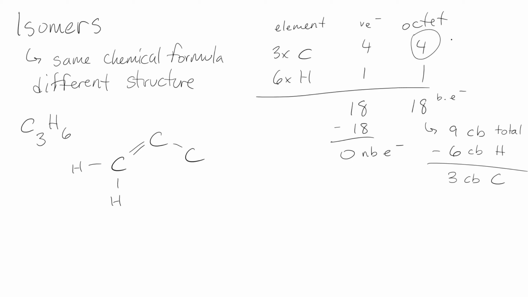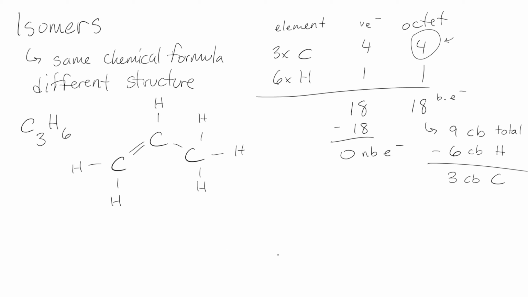In general, the number of octet electrons is going to be the number of bonds an element makes. This carbon only needs 1 more bond coming out of it: 1, 2, 3, 4. This carbon needs 3 coming out of it: 1, 2, 3. And indeed, that accounts for all 6 of our hydrogens. And so we know that this is one correct structure.